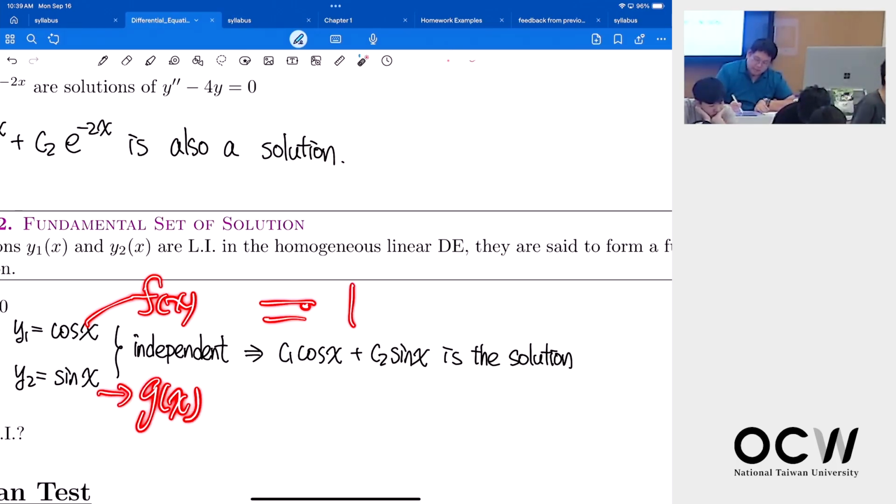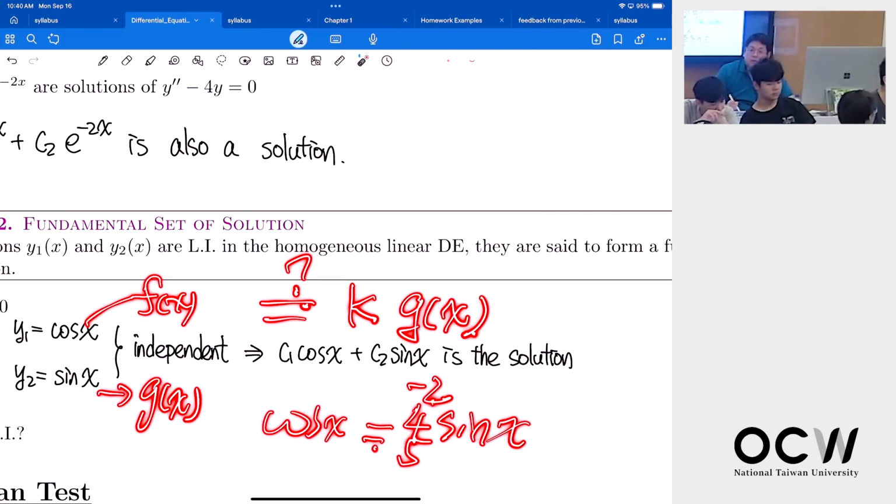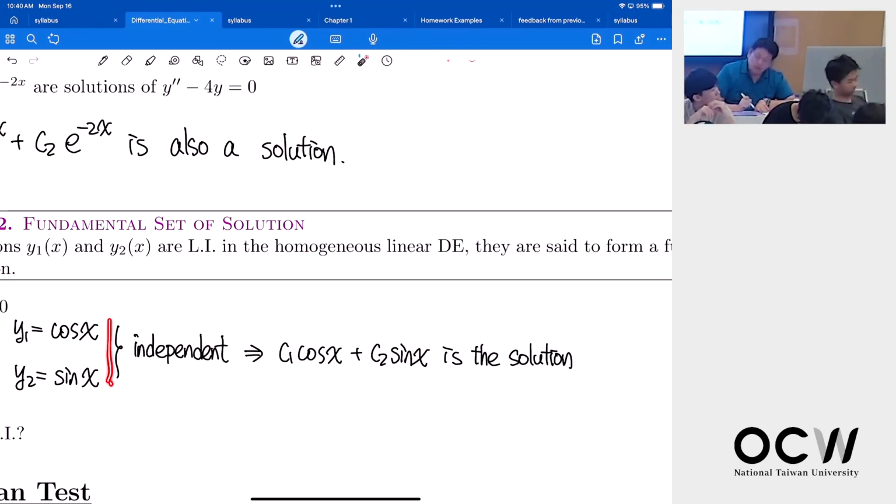Can I find a constant multiple of the other one? One is cosine x and the other is sine x. Can I multiply by like 4, 5, minus 2, a constant multiple that should be equal? Impossible, right? Because they are perpendicular. So they are independent, and we say linearly independent.